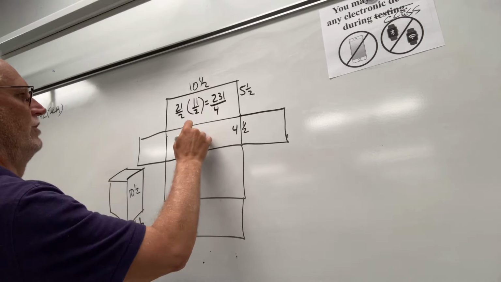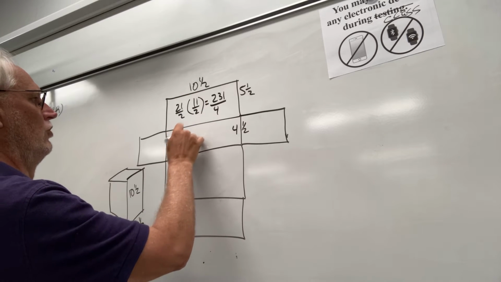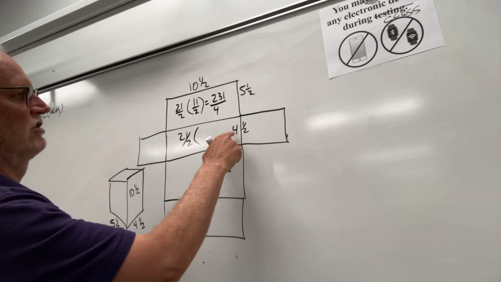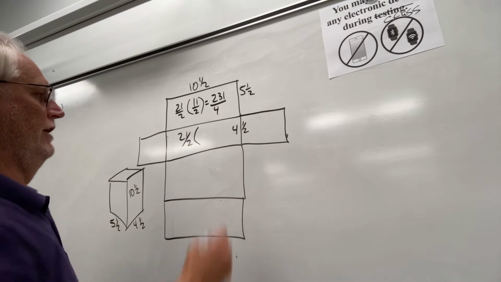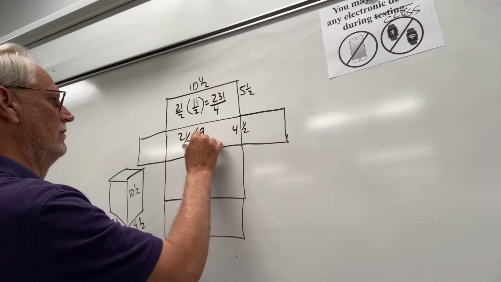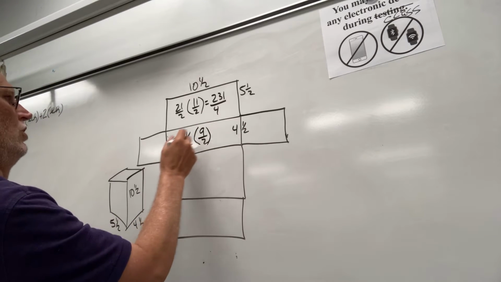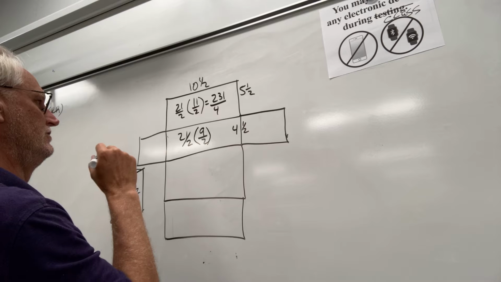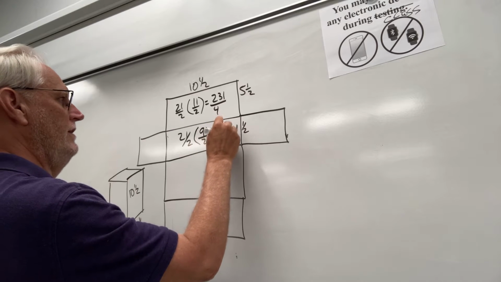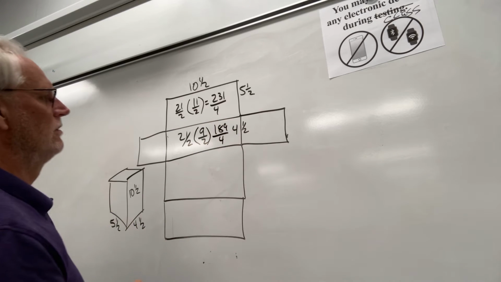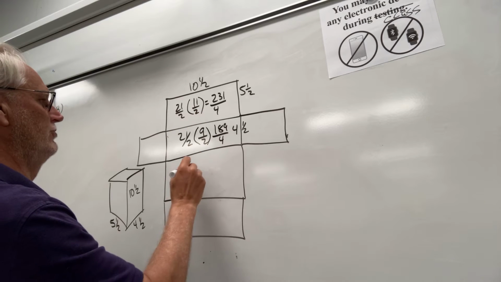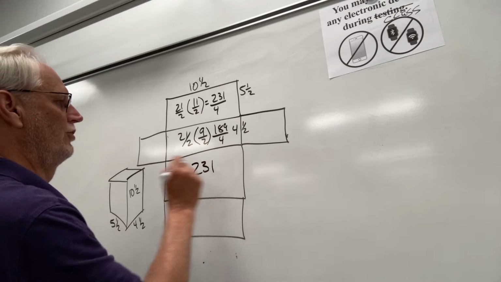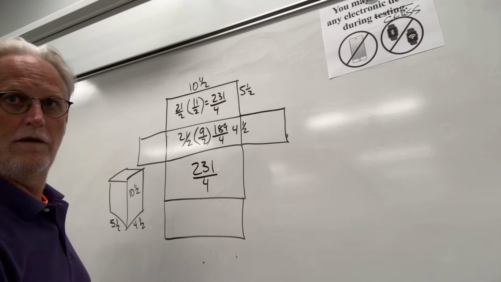So this one is also 21/2, and that's times 4.5, which is going to change to 9/2. And 21 times 9 is 189/4. Now I know that this one and this one are the same, so this is also 231/4.